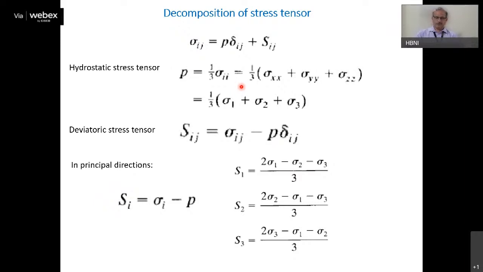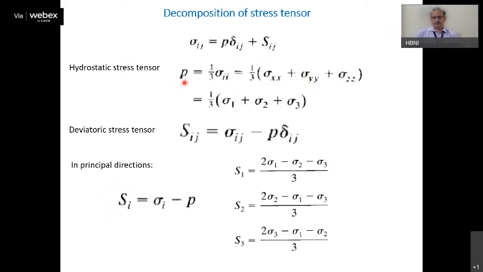So for plastic deformation, one thing is important: you need shear stresses or deviatoric stresses. So you need to decompose the general stress tensor in terms of pressure and the deviatoric stress tensor. This is how it can be decomposed.